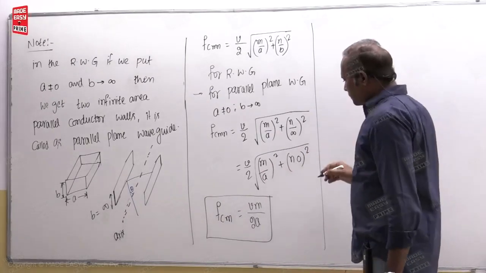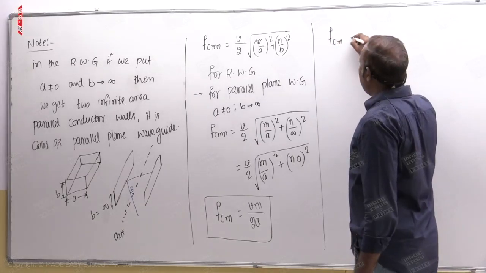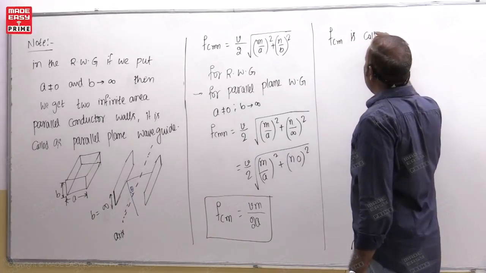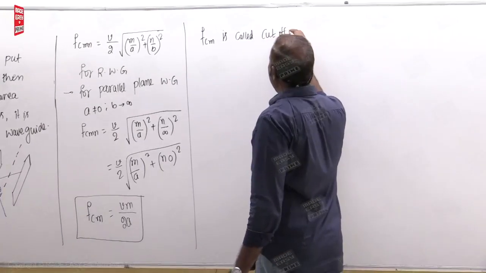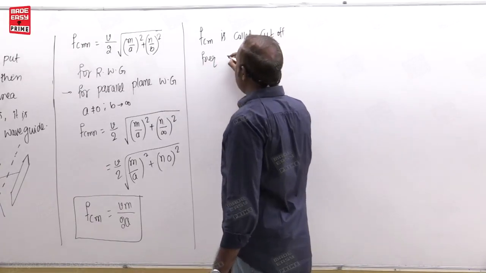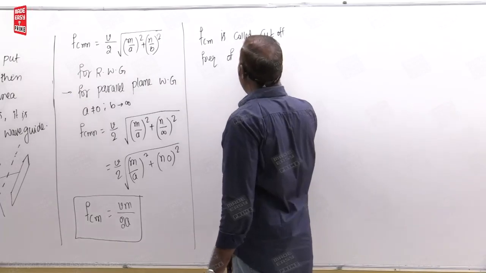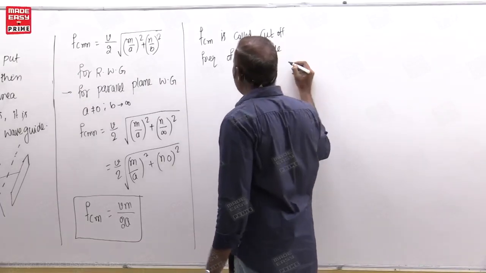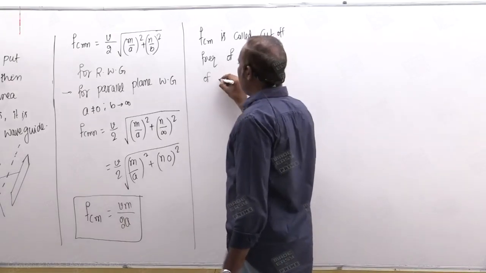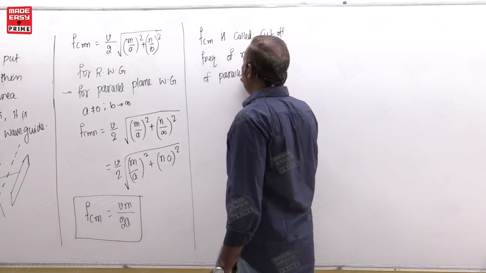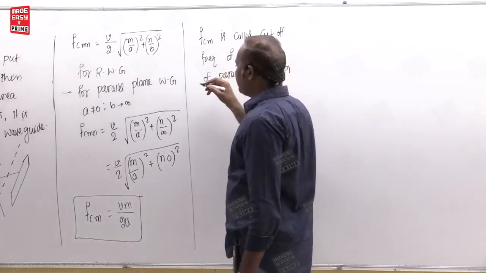So here fc_m is called the cutoff frequency of the mth mode of the parallel plane waveguide.